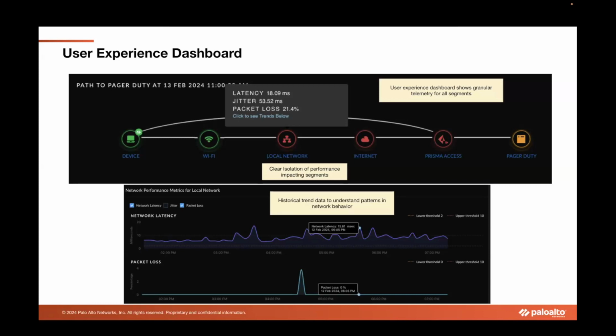So the network administrator is equipped with comprehensive telemetry for each segment, both insights from the past and proactive insights for a user's problem. And we are also able to tell the user exactly how they should remediate their problem.